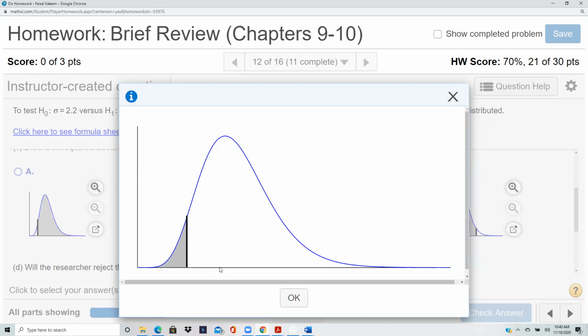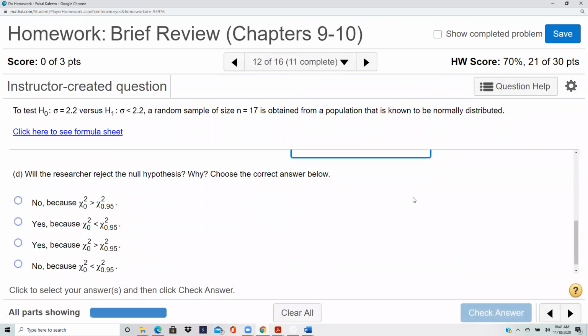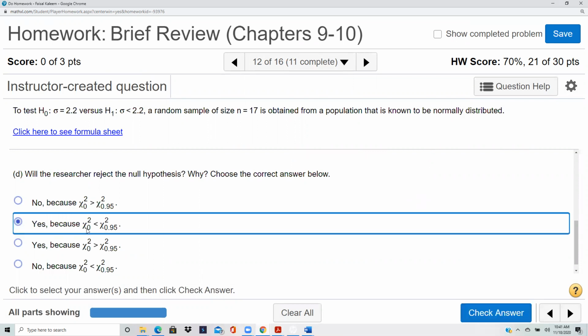No, no. In chi-square, everything is positive. Okay, so 6.4 will be less than 7.9, so it will not be in the rejection area. So then, tell me which one. Would it be the second option? Because chi naught was for test statistic, and this one was for critical.